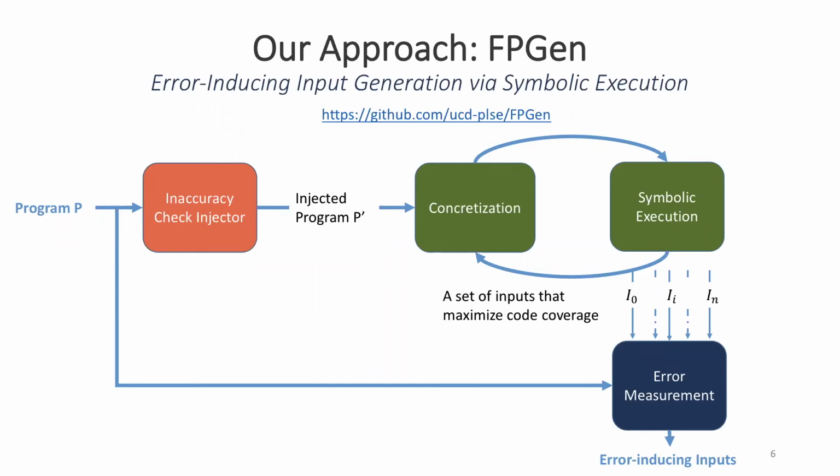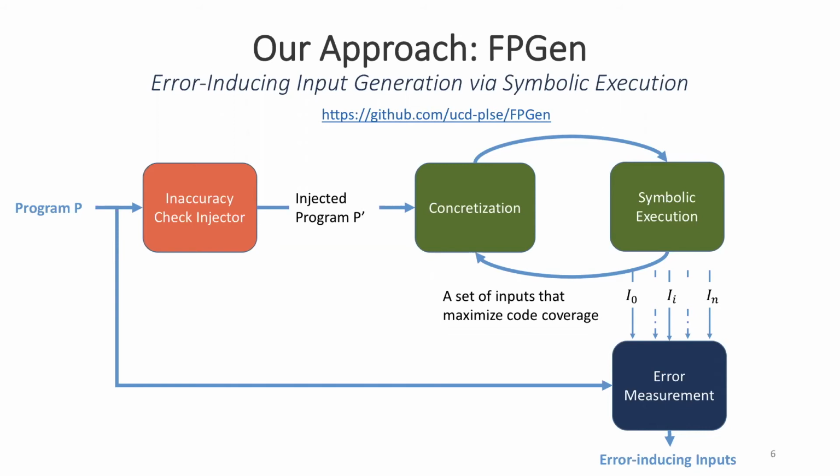The second module, concretization and symbolic execution, iteratively partitions the input variables into 2 groups. Variables in one group are concretized with random values, and variables in the other group are symbolized for symbolic execution. We then monitor the status of the symbolic execution engine. If it times out, we will reduce the number of symbolic variables by half.